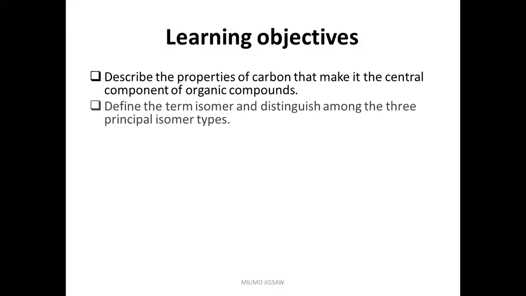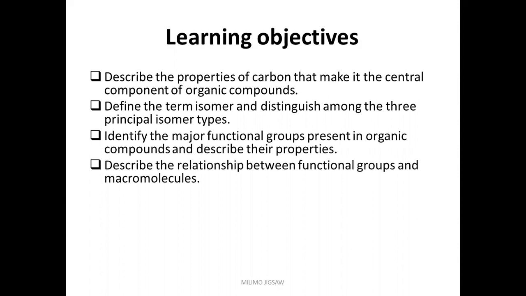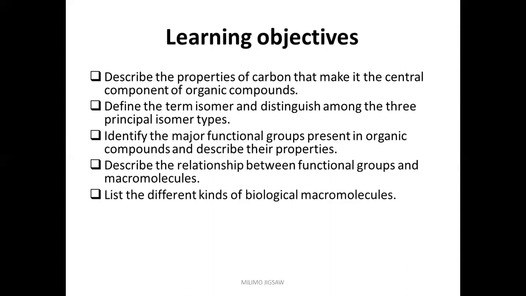And then the other objective is for us to understand the major functional groups that are present in organic compounds and also be able to describe their properties and what effects they have on biomolecules or other organic molecules. And then we need to describe the relationship that exists between functional groups and the macromolecules.